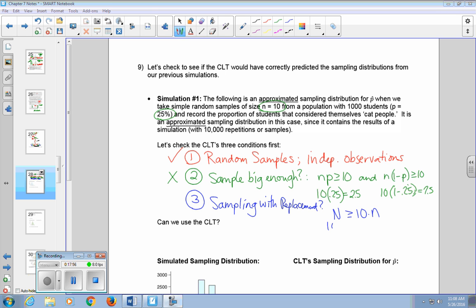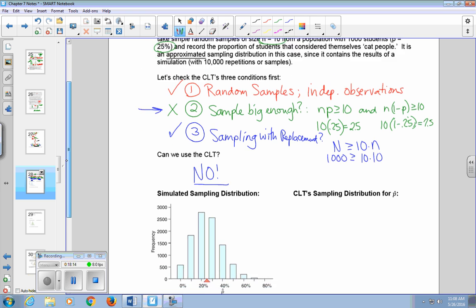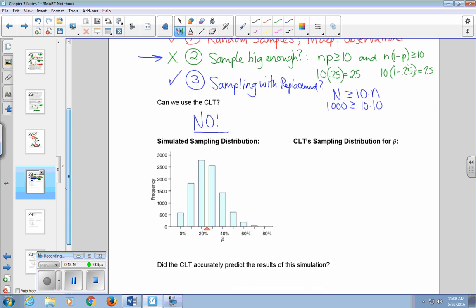We've got 1,000 people in the population. Is that greater than 10 times 10? And the answer to that is yes. But we do have this one problem here. That second condition wasn't met. So can we use the central limit theorem? We're going to have to say no. It's not going to work in this case. The model that the central limit theorem predicts isn't going to be a good fit for what actually happens with the simulation.